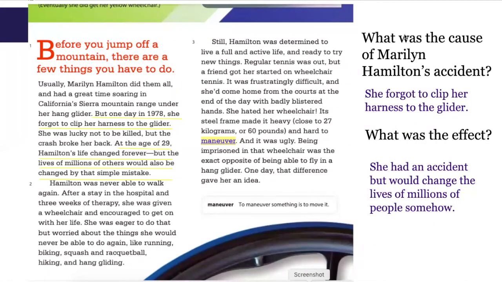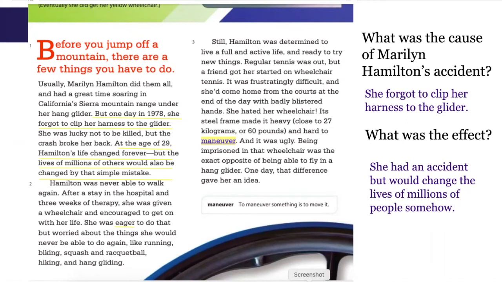I'm going to underline the word eager. Marilyn sounds very optimistic. I know if I had lost my ability to walk, it would take me a while to come to grips with this new challenge. I'd also probably be angry and depressed.